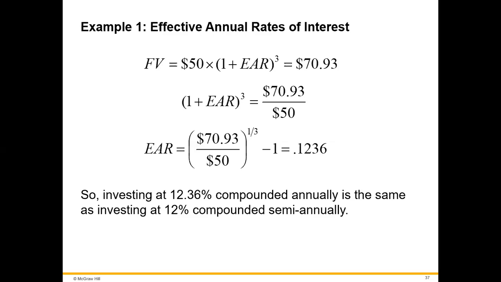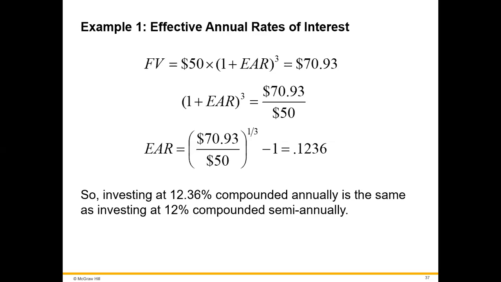So 1.4186, hi-hat. I'm sure there's a nice, cute name for that, but I just call it the hi-hat. To raise it to the power 0.333333 into infinity, right? And we get 1.1236. Now remember, EAR is found by subtracting the number 1 from that, as you can see there.